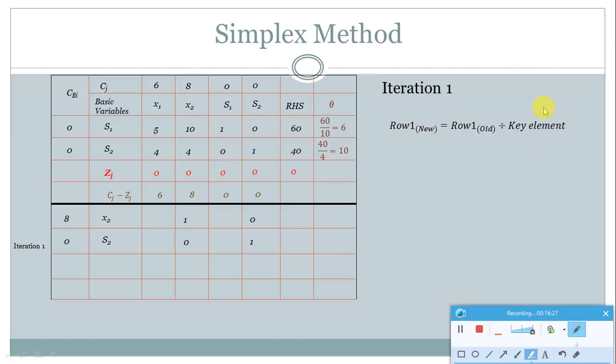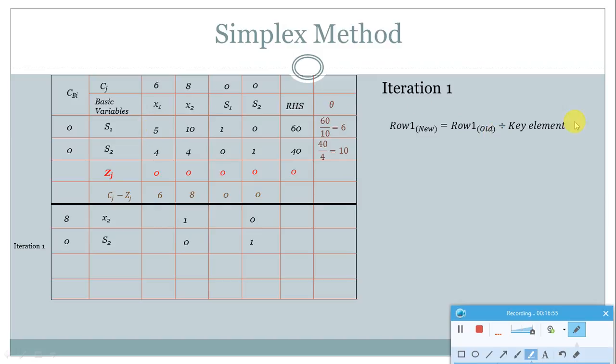Row 1 new values are obtained by performing this operation: row 1 old divided by the key element. The key element here is 10. For example, this value will be obtained like this: row 1 old, that is 5, divided by key element 10.